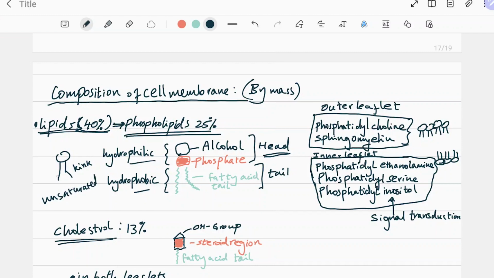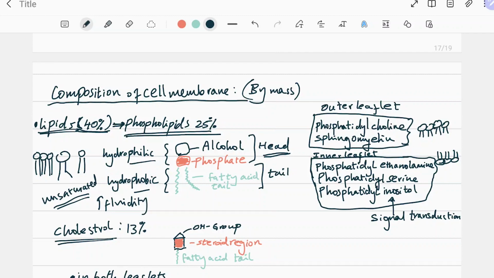So it will allow a little more space between phospholipids. Instead of having them packed side by side, we are going to have a little space because of this unsaturated bond, and this allows for more fluidity of the membrane.